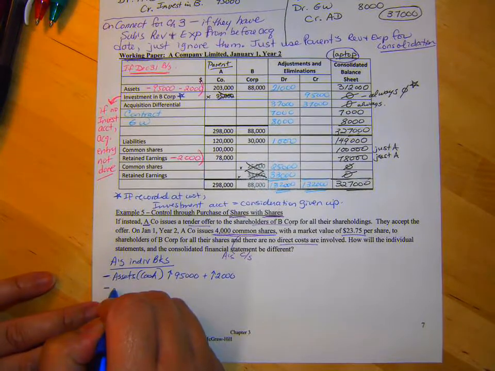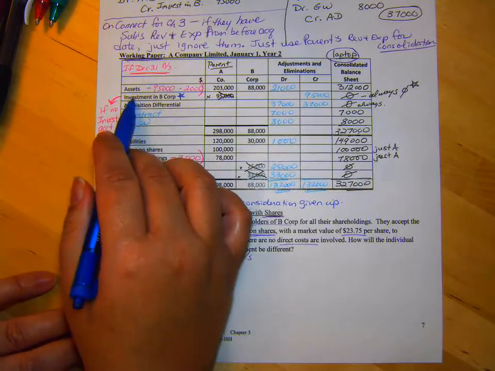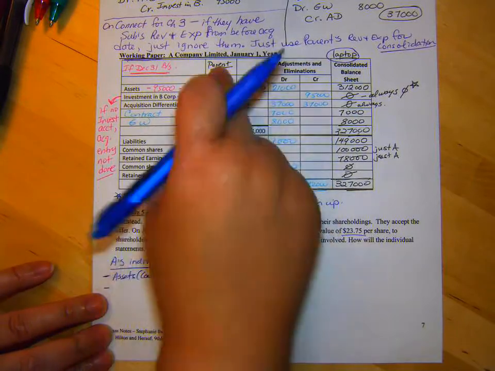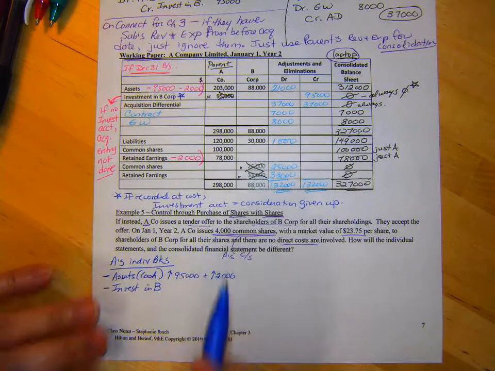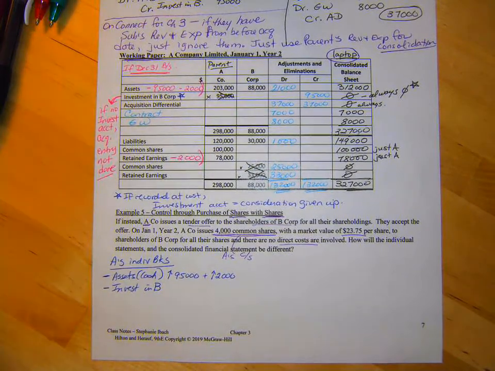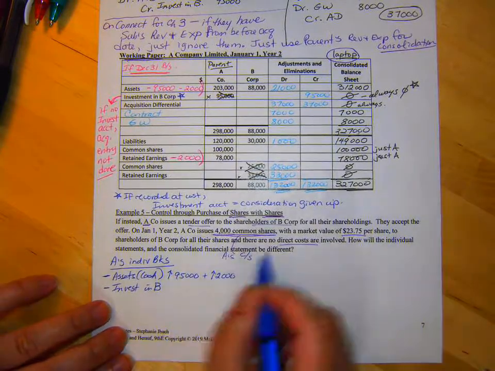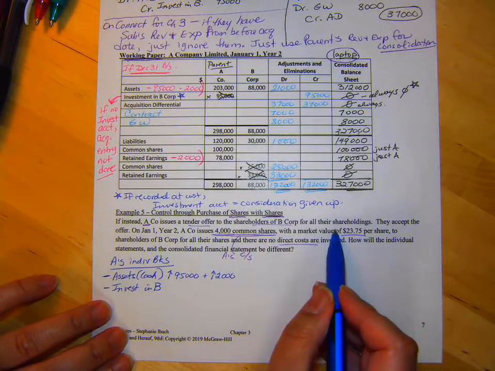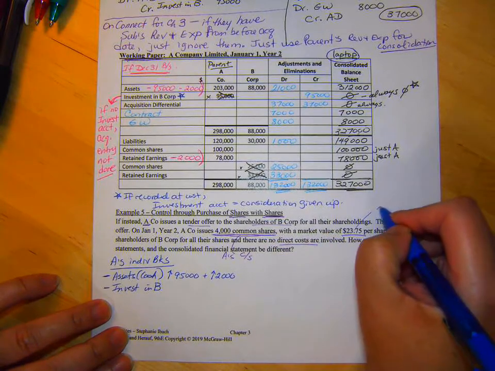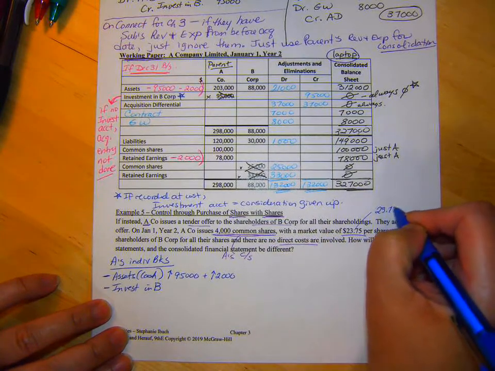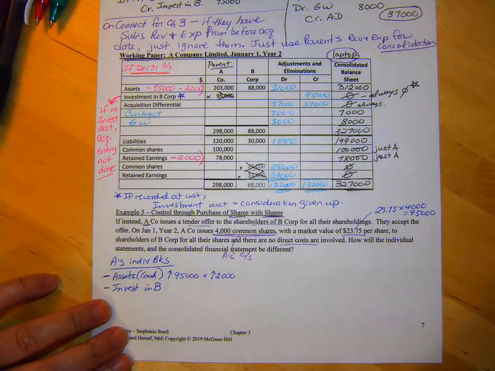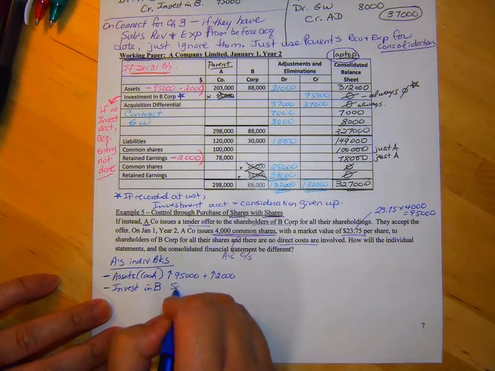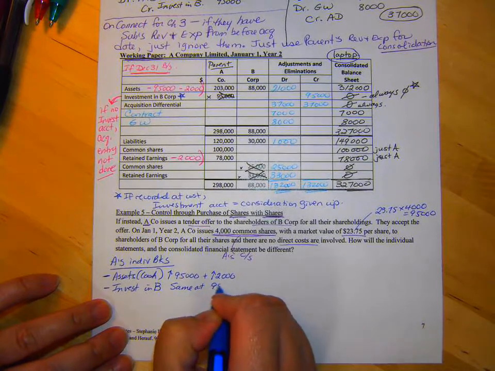Now, is the investment in B the same? Is it still $95,000? Yeah, because we already knew from example 4, 23.75 times 4,000 is 95,000. So same at 95,000.